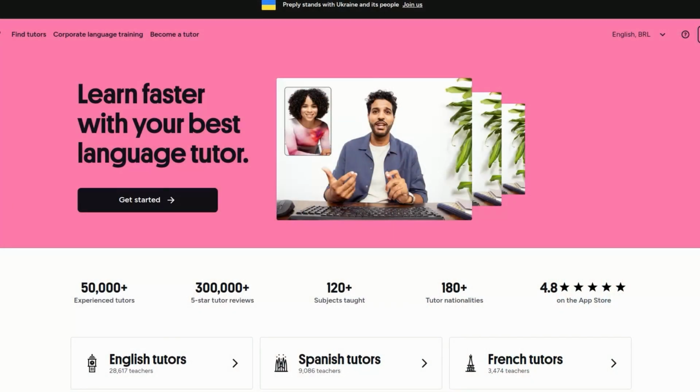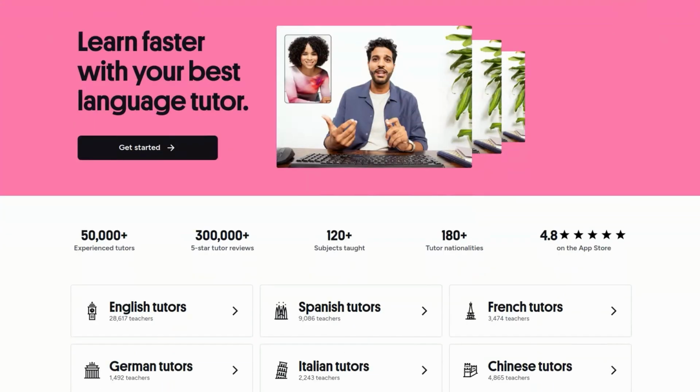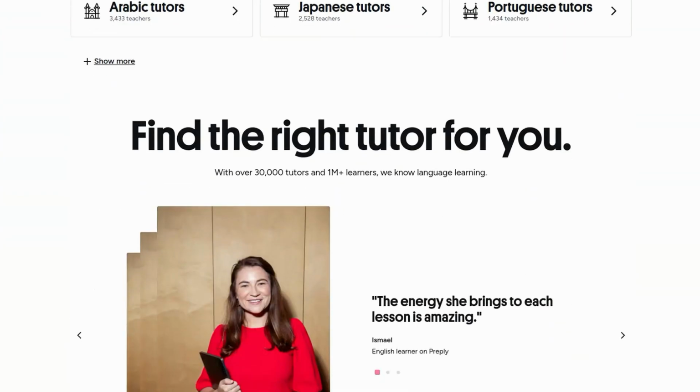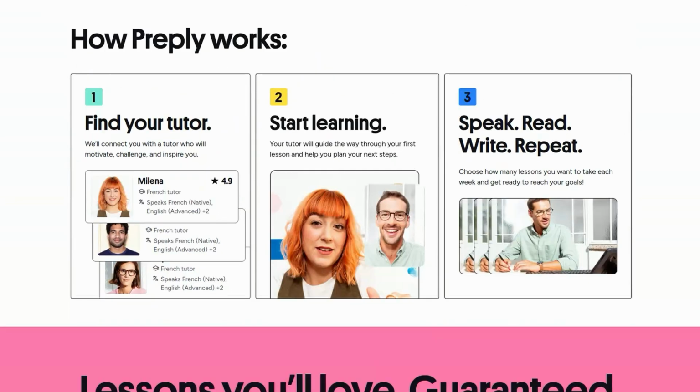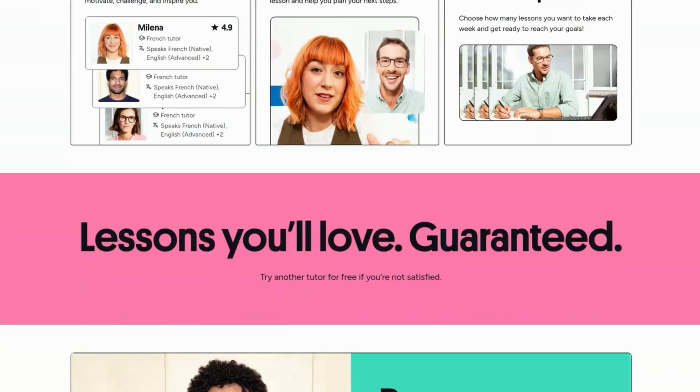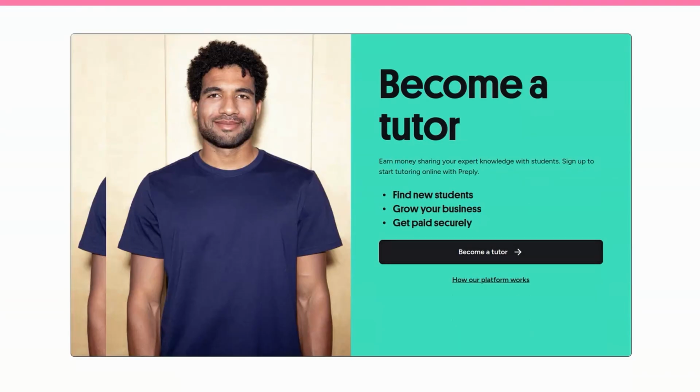In Preply, you can advertise yourself as a language teacher for any target language you want, and then the students go to the website and look up the teachers, or even the opposite. Some students mention in Preply, oh, I'm looking for a Mandarin teacher. If you happen to speak Mandarin, you can make an offer.